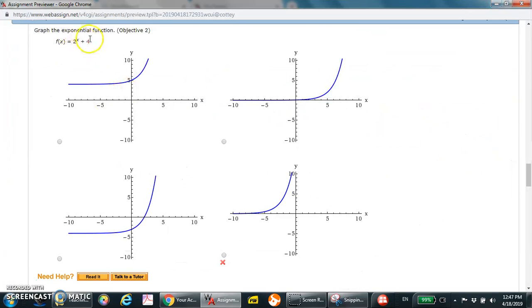This is a transformation. It is like we are adding the number 4 after the function 2 to the x. According to our previous study, this is called a vertical shift, which means we are going to shift the graph of f(x) equals 2 to the x upward by 4 units.